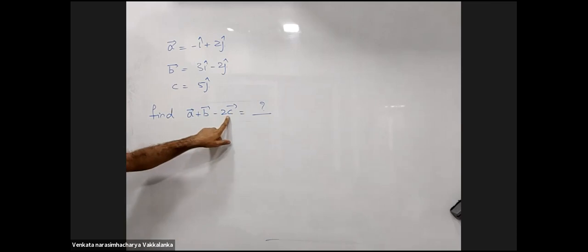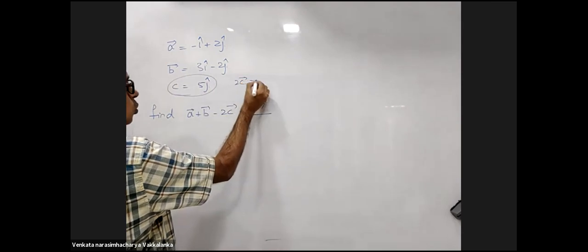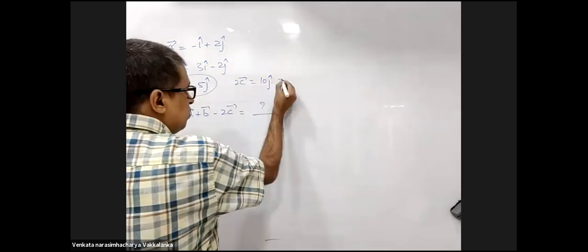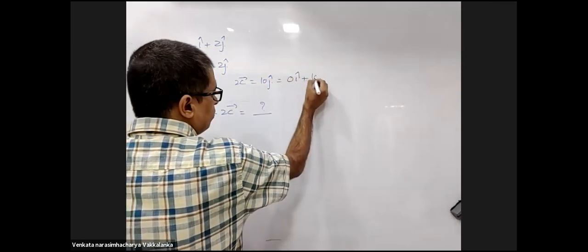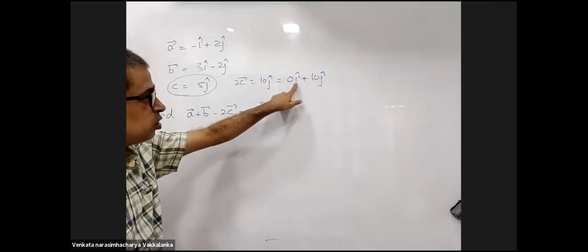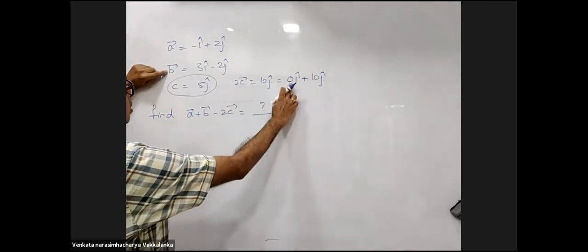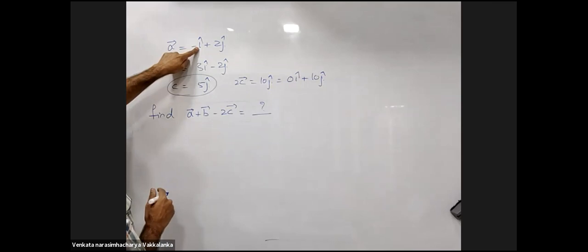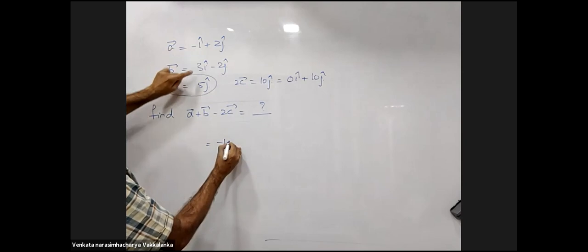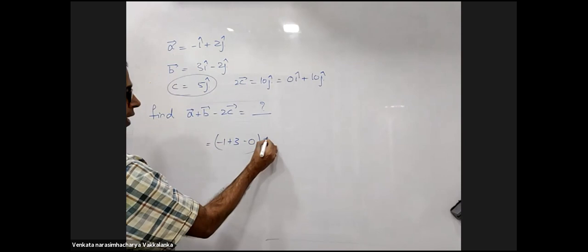A plus B minus 2C. This is C. How much is 2C? We will write it as 0 i cap plus 10 j cap. In i cap there is nothing, so it should be 0 i cap. Now A plus B minus 2C: A is minus 1, so it is minus 1 plus 3 minus 0 i cap.